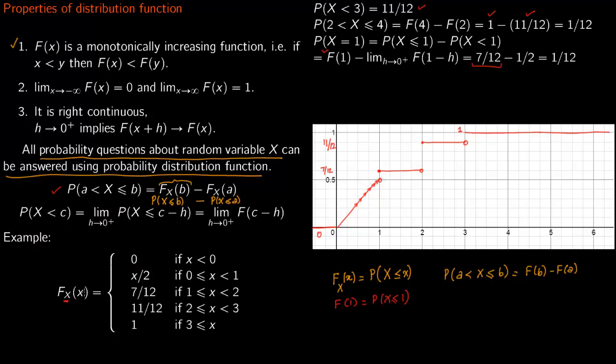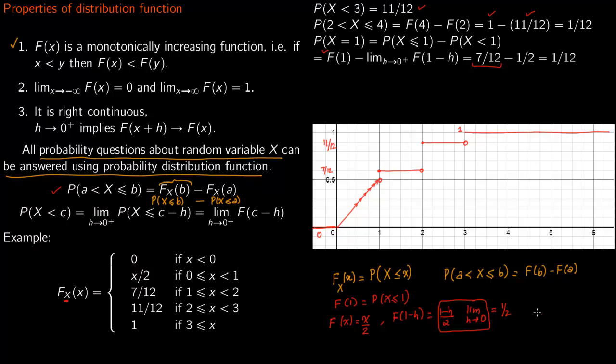So you can see it right here. F of x is equal to x by 2. So F of 1 minus h is 1 minus h by 2. And when you take the limit as h goes to 0, this 1 minus h by 2 becomes half.